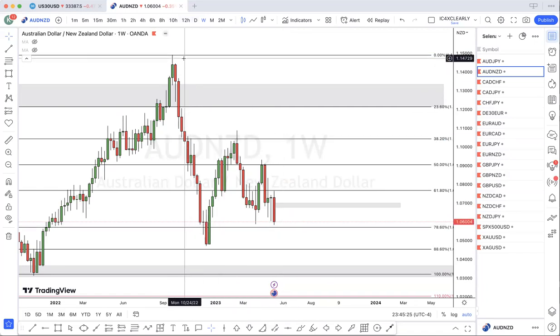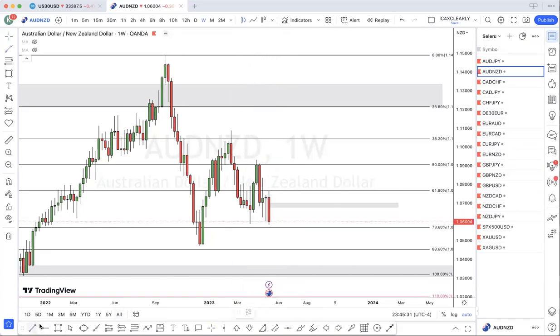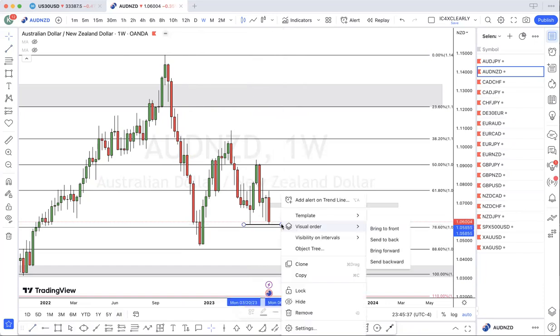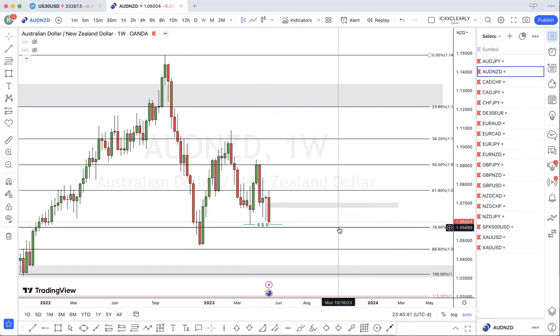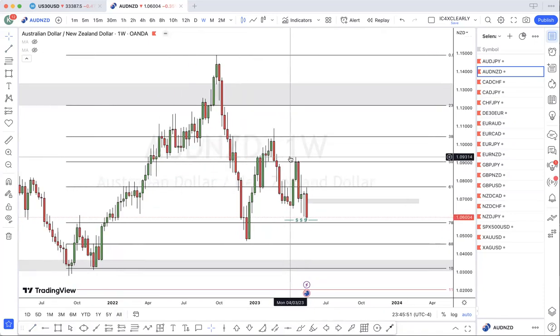It's either, because we have liquidity here, right? We have liquidity there. So price may wick back down, grab the liquidity, and start heading back to the top side.